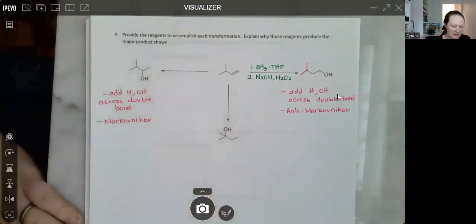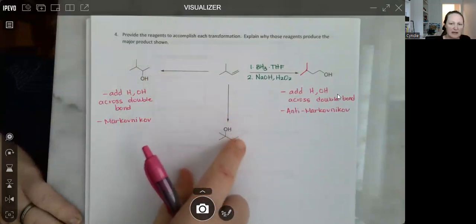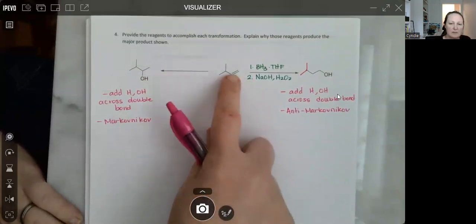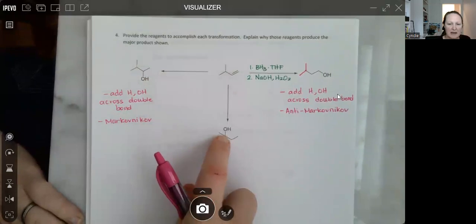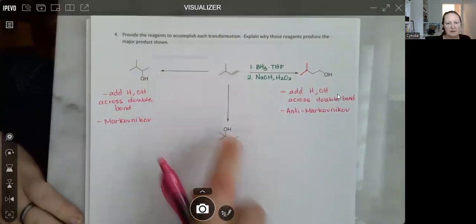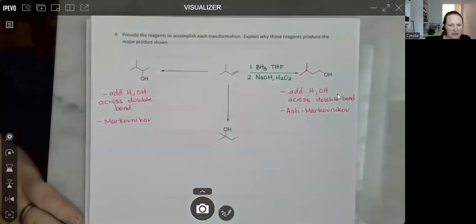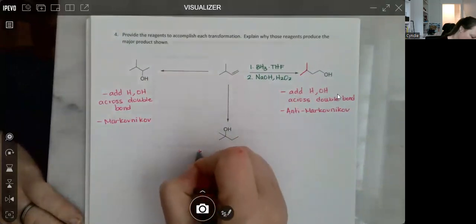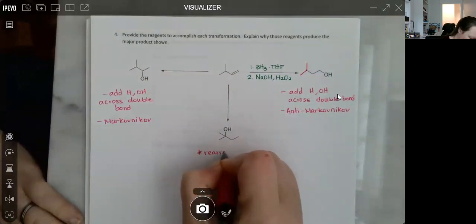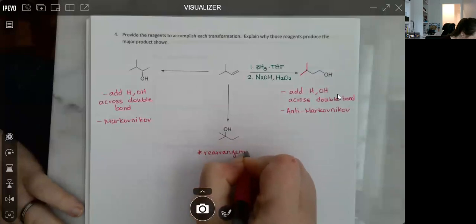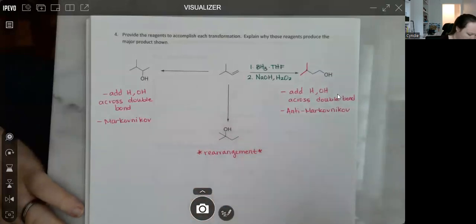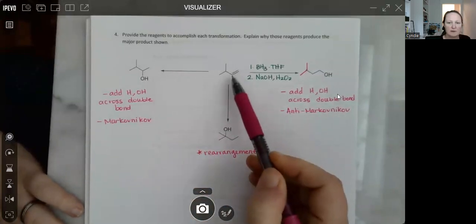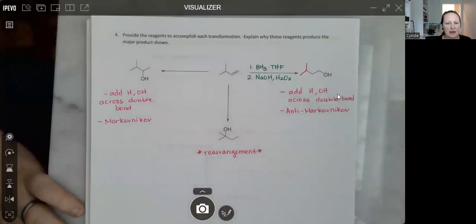So this one is strange because it looks like this OH group has migrated. So this one could be due to rearrangement, because the OH is not attached to one of the two sp2 hybridized carbons from the original alkene.